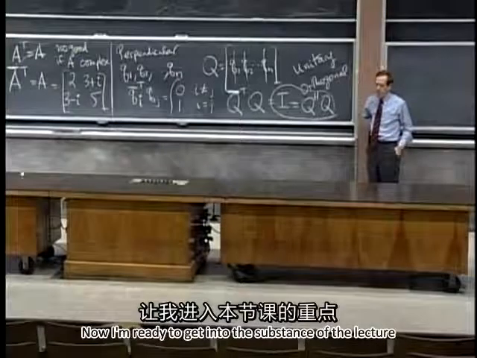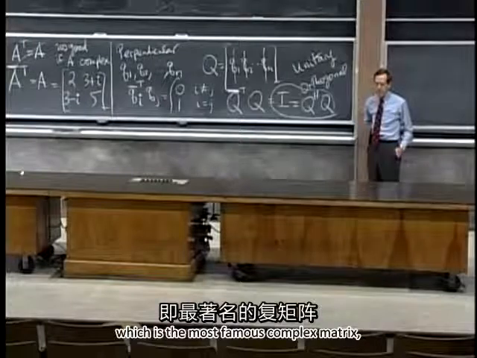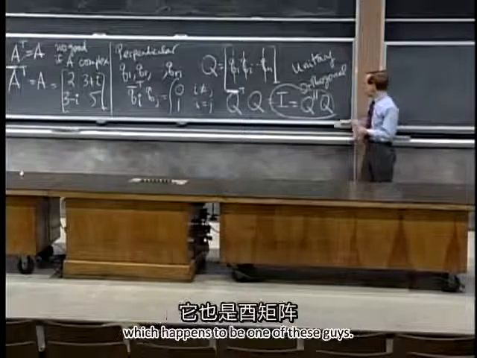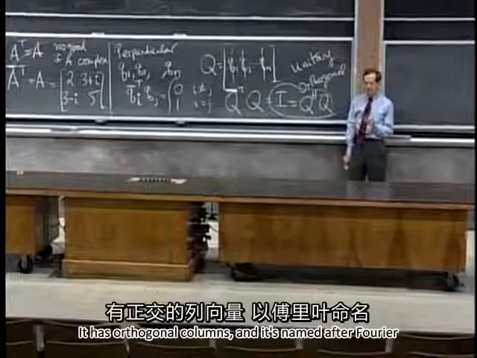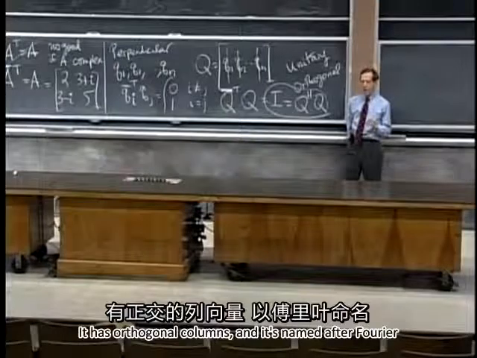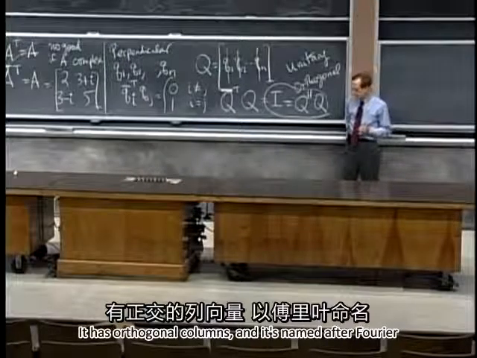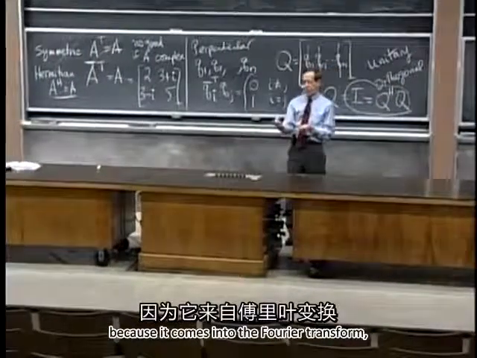Now I'm ready to get into the substance of the lecture, which is the most famous complex matrix, which happens to be one of these guys. It has orthogonal columns. And it's named after Fourier because it comes into the Fourier transform.